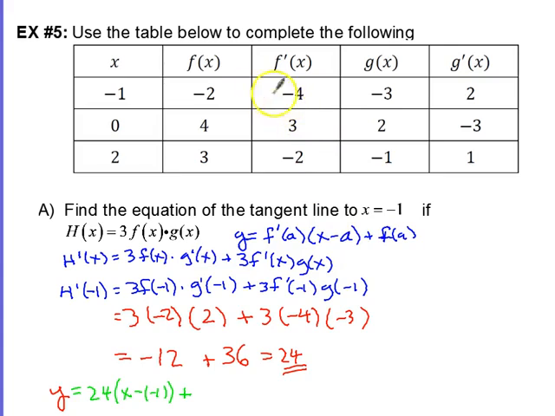What was f of -1? f of -1 was -2. All right, so our final function in simplified form is 24 times x plus 1 minus 2, and that's it.